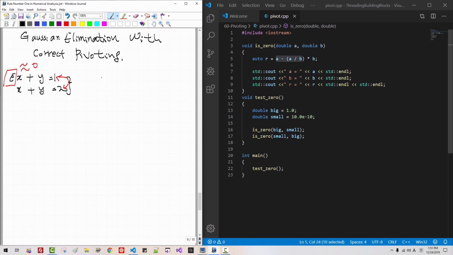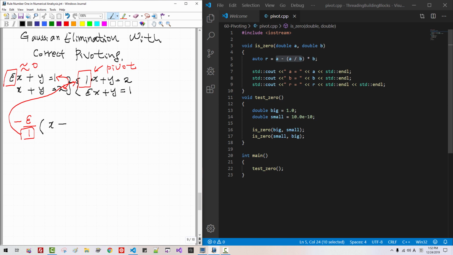Then we have x plus y equals 2, epsilon x plus y equals 1. Here is 1, and we select this one as the pivot element. Pivot. Applying the Gaussian Elimination Algorithm, minus epsilon over 1. This is the pivot element.